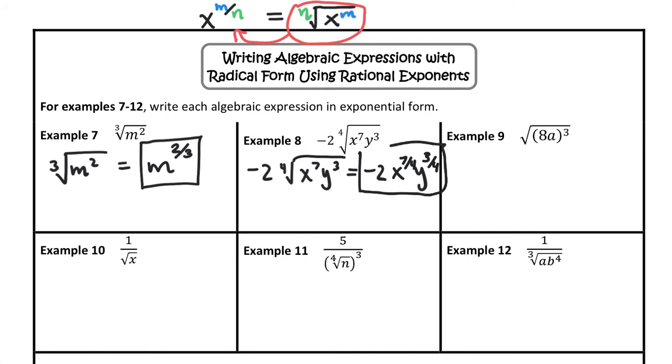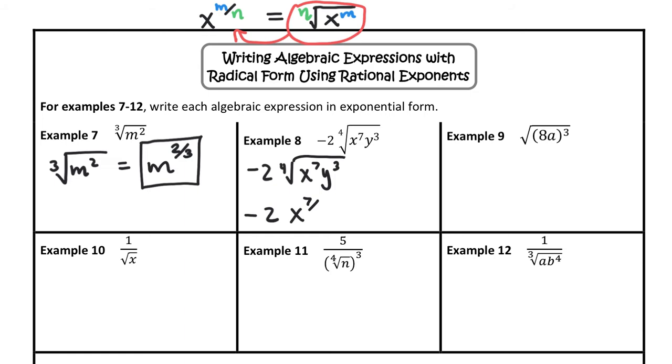That's it for that one. But actually, let me write it again because I want to make sure there's space. I'm going to write it underneath so that I know there's going to be space. So it's negative 2 x to the power of 7 divided by the number in front. So x to the power of the one inside, but the fraction is going to be 7 divided by 4, because 4 is the number in front.